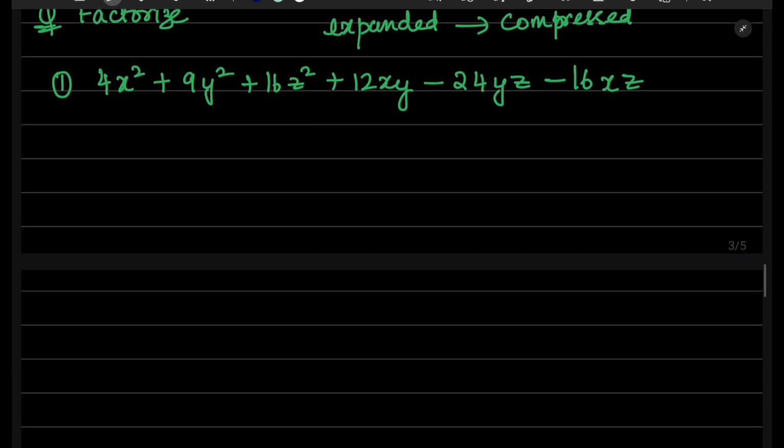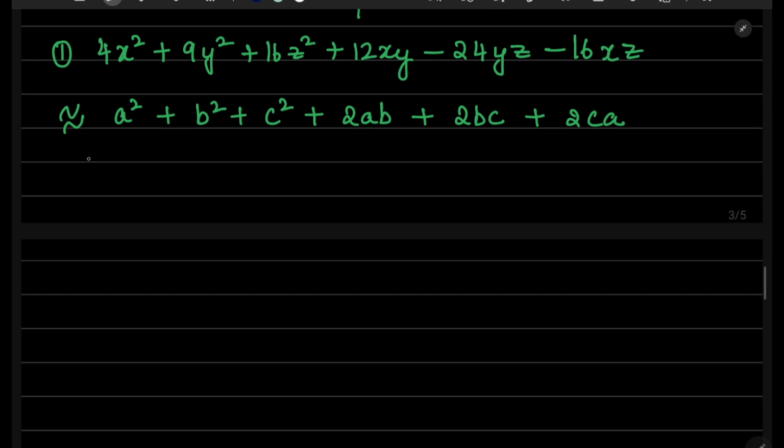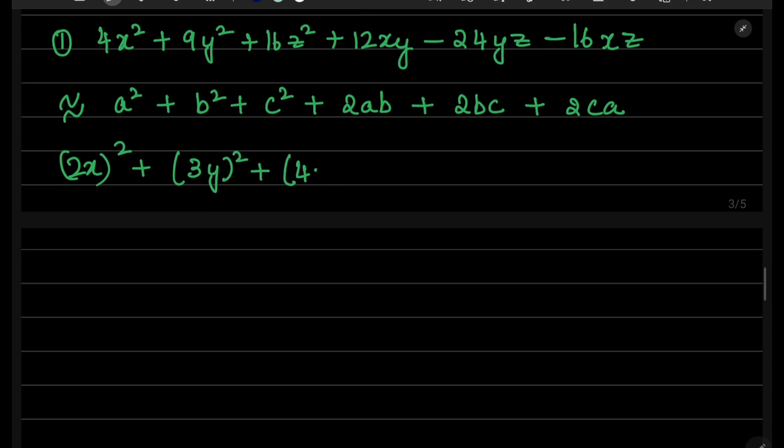But now you should quickly say that this is very similar to a square plus b square plus c square plus 2ab plus 2bc plus 2ca. Okay. So how can you write 4x square? You can write it as (2x) the whole square. How can you write b? (3y) the whole square. C, that is 16z square, (4z) the whole square.